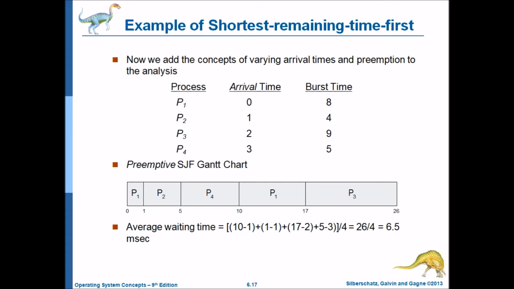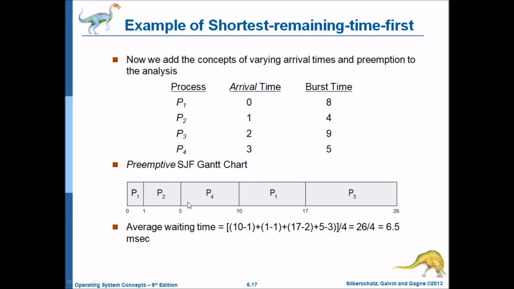Then after time 3, P4 arrives. Now at this point we have P1 with 7 milliseconds, P2 with 2 milliseconds left, P3 with 9, and P4 with 5. Thus P2 still has the shortest remaining time, so it continues.